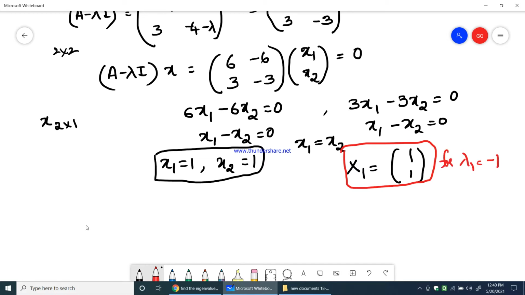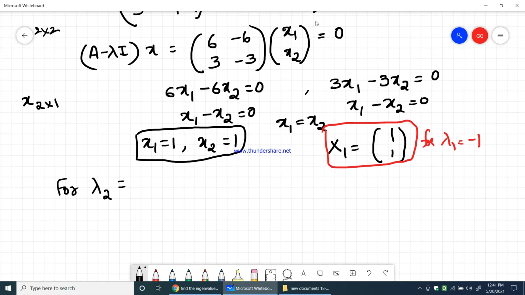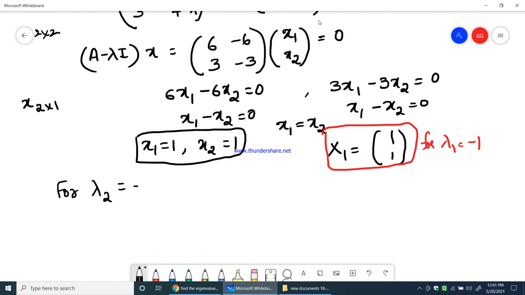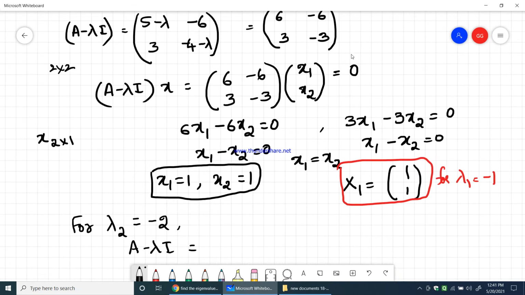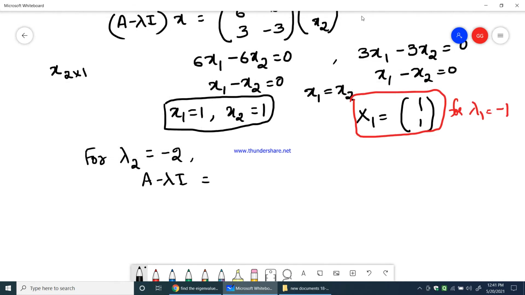Now next we go for the next lambda. What was the lambda 2 which we found? Lambda 2 was minus 2. For lambda 2 equals minus 2, what is the eigenvector? Similarly, we go with A minus lambda I into x. So A minus lambda I when lambda 2 equals minus 2 will be what? Let us find that out. So 5 minus of minus 2 will definitely be equal to 7.